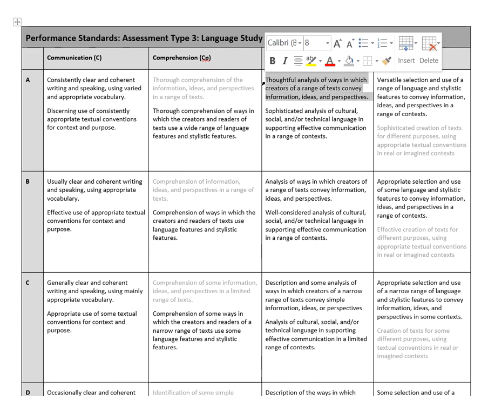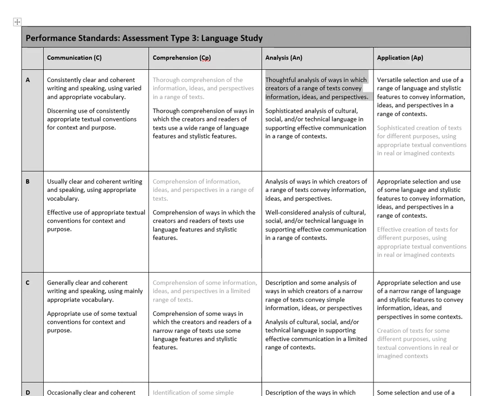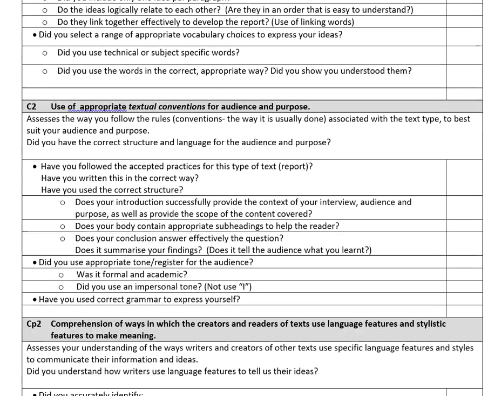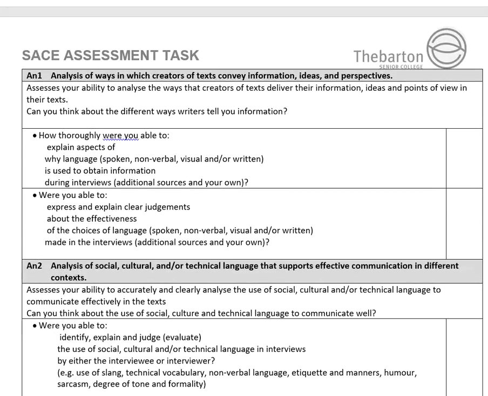Okay. Analysis, AN1, thoughtful analysis of ways in which creators of a range of texts convey information, ideas, and perspectives. Okay, so this is talking about your ability to analyze, to think about the ways that creators of texts deliver information, ideas, and points of view.